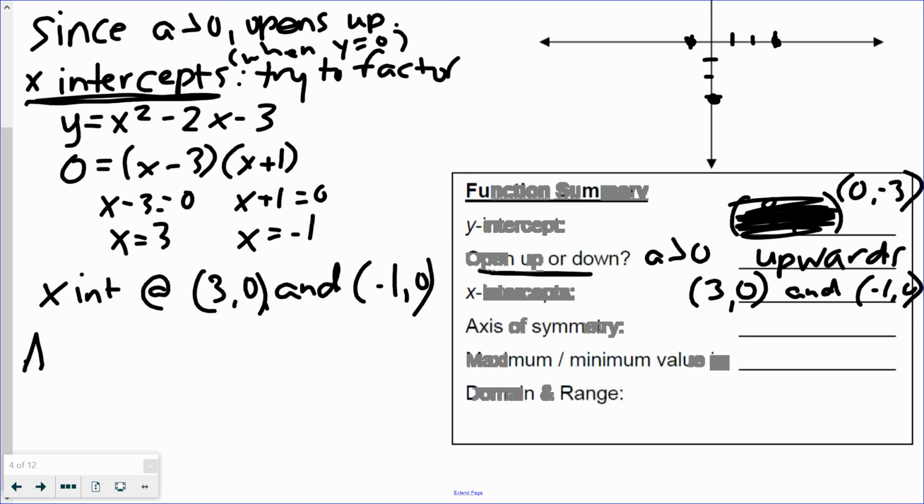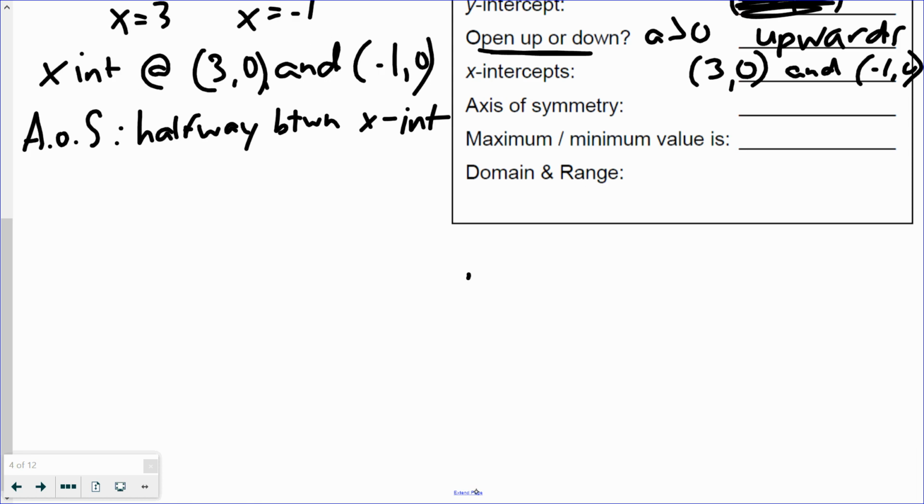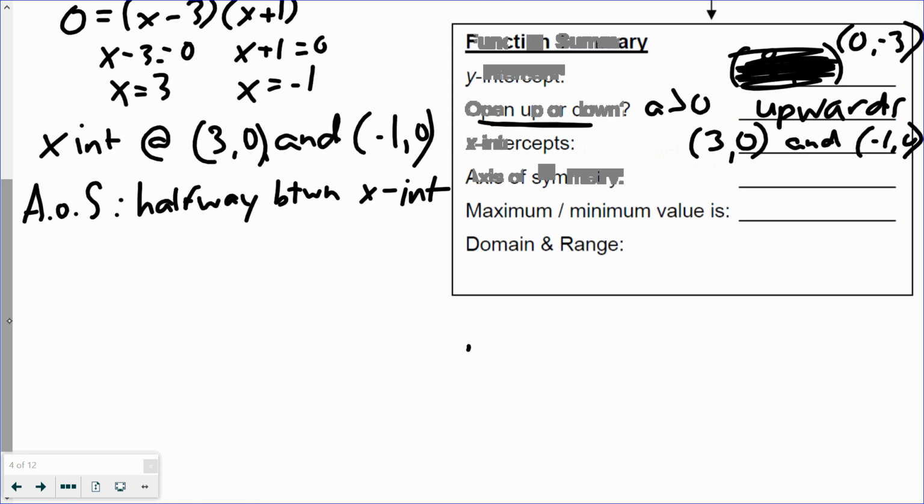So to figure out our axis of symmetry, again, we're going to do halfway between the x-intercepts. So what we do is we take the value for those x-intercepts, add them together, and divide it by 2. So 3 plus negative 1 divided by 2.